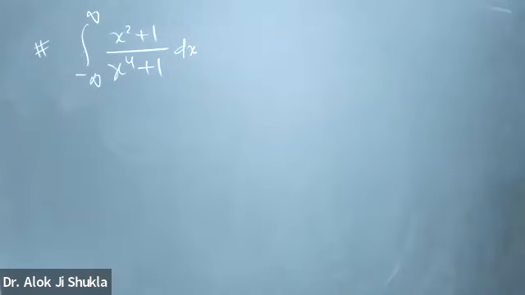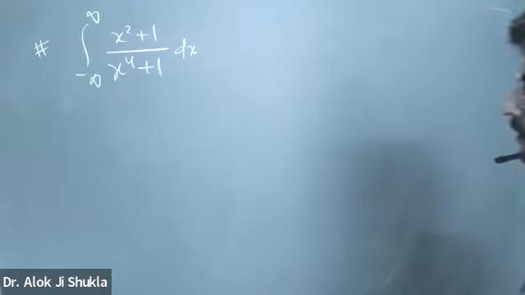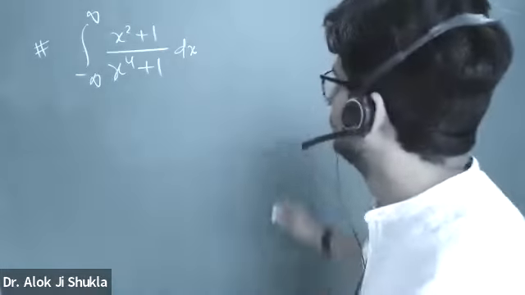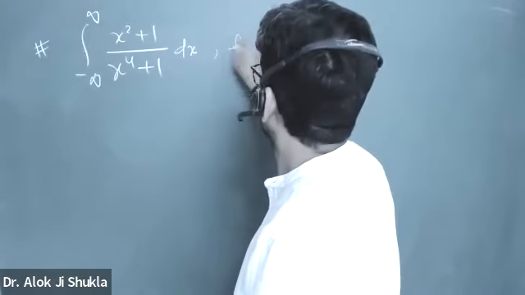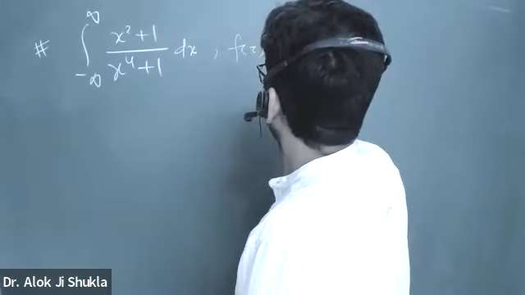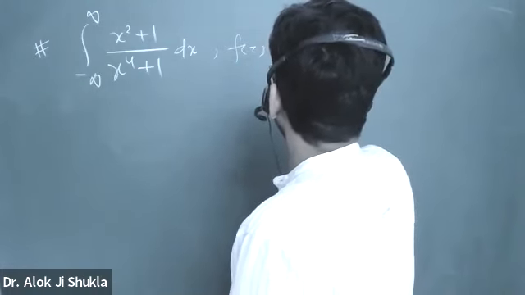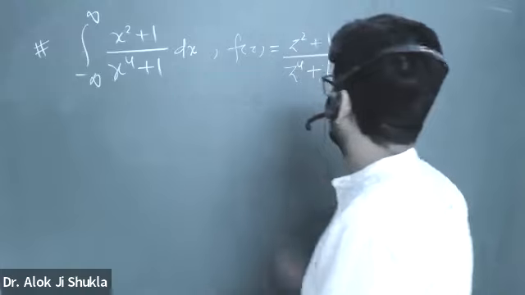Let us solve this. What is f(z)? f(z) is z square plus 1 upon z to the power 4 plus 1.